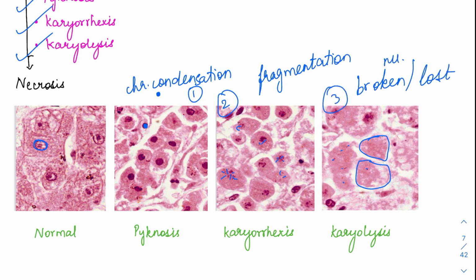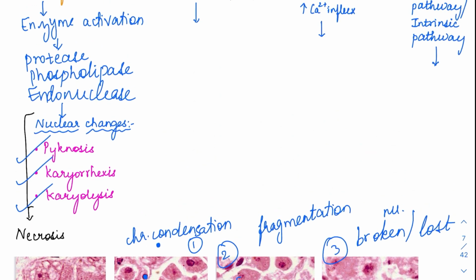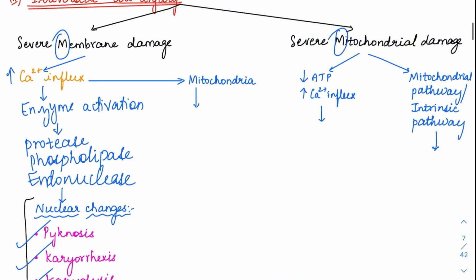Okay, so this is the third change. You have to remember the order of it and the images related to it. You can be asked to frame it in the correct order also. These kinds of nuclear changes are characteristic of necrosis, a kind of cell death. Remember, these nuclear changes, pycnosis, karyorrhexis and karyolysis, happen in necrosis.